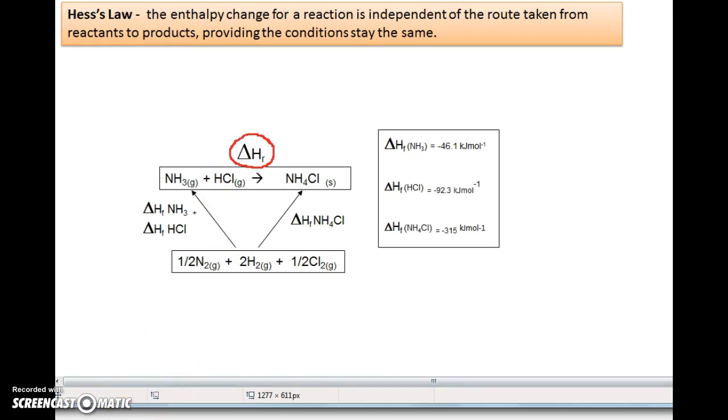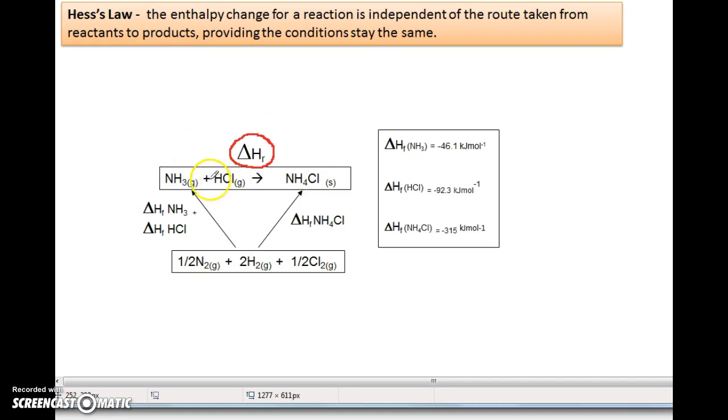Let's explain how it works. The idea of this is that the enthalpy change to get from ammonia and hydrochloric acid to ammonium chloride will be the same regardless of the route that we take to get from the reactants to products, as long as the conditions of the reactants and products remain the same.